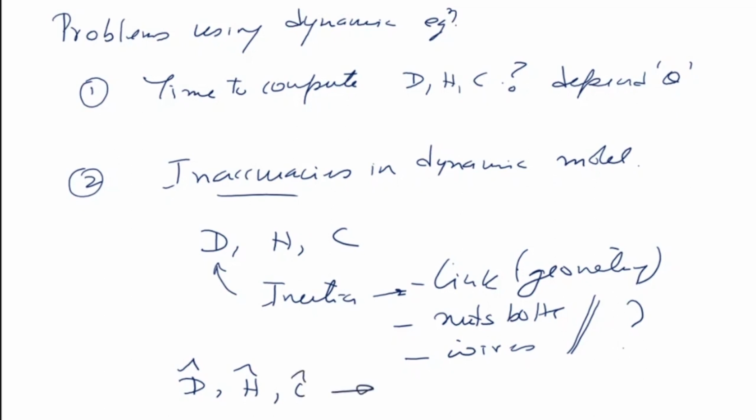These are approximate models or approximated parameters. There are ways of approximating these parameters before you use them, because exactly computing is not possible, and there'll be a lot of errors there. We will not go further here because we are not dealing with dynamics in this course, but this is just to understand that these problems are there.